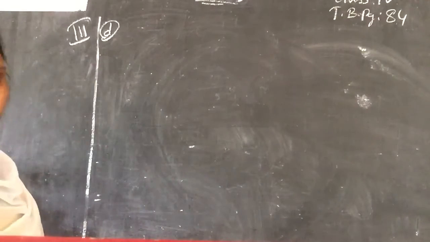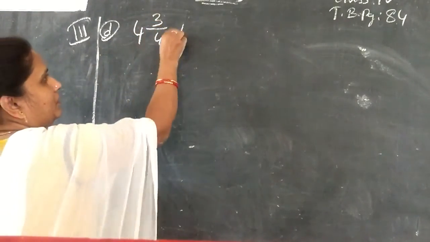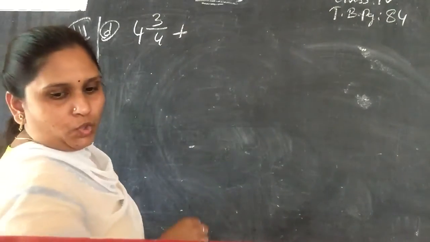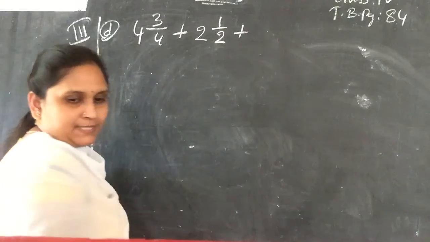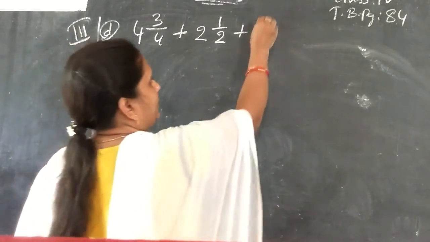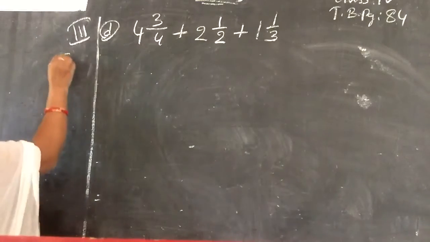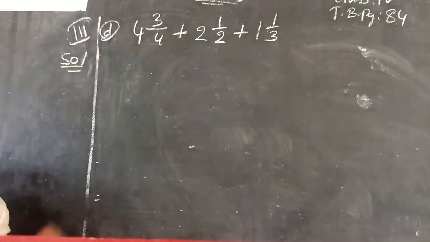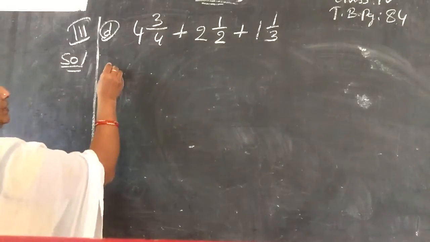D1: 4 3 by 4 plus 2 1 by 2 plus 1 1 by 3. Okay, so now first what you have to do? Convert the mixed fraction into improper fraction.